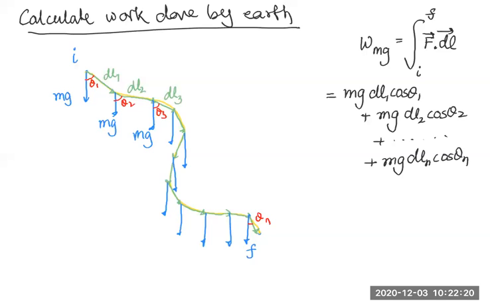However, I am not lucky. If I was lucky, then all the angles would have been the same, and then I would have taken out cosine theta. But here it is not like that, or is it?